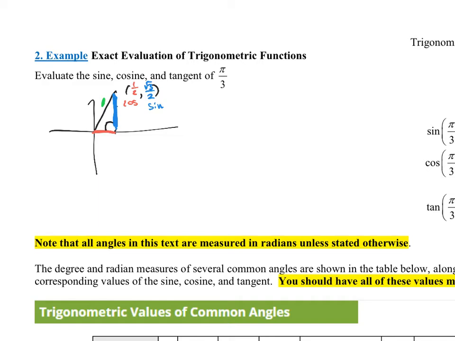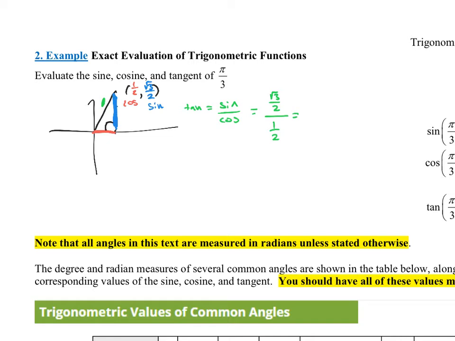So here I know that cosine is 1/2, I know that sine is root 3 over 2, and then to find tangent, remember, tangent is always equal to the sine over the cosine value. I should be writing thetas here. I'm getting a little lazy in my notation, but that's okay. So the sine was root 3 over 2 and the cosine was 1/2.